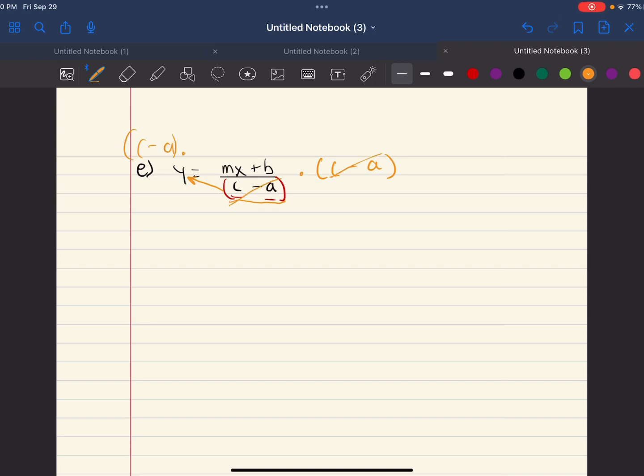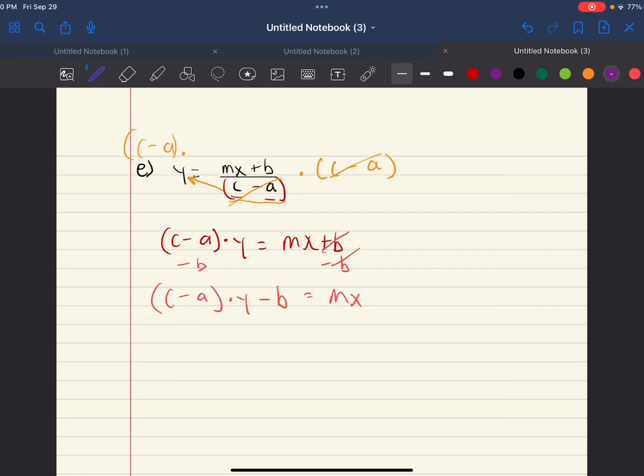That cancels this over here. And then what we have on this side now is c minus a bracket multiplied by y equals mx plus b. Now, I could do this in any order really, as long as I do it properly. I'll move the b to the other side. Since there's a plus here, we're going to subtract b from both sides. And then that gives us c minus a multiplied by y minus b is equal to mx.